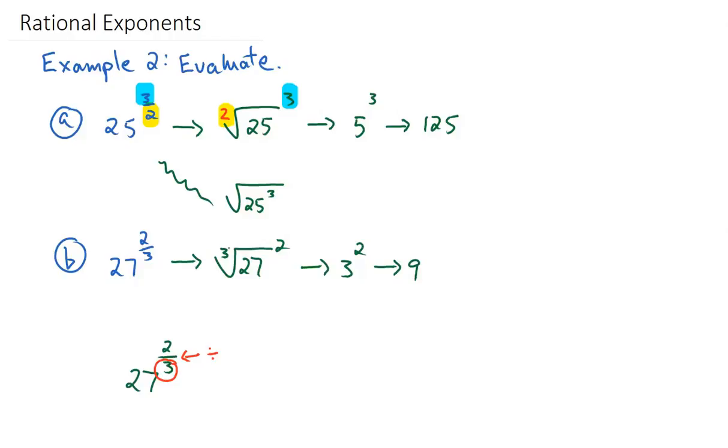In a radical, the index is telling us what we're going to repeatedly divide by, and the power is telling us what we're going to repeatedly multiply by. In other words, the denominator makes things smaller, the index makes things smaller. The numerator makes things bigger, and the exponent makes things bigger.